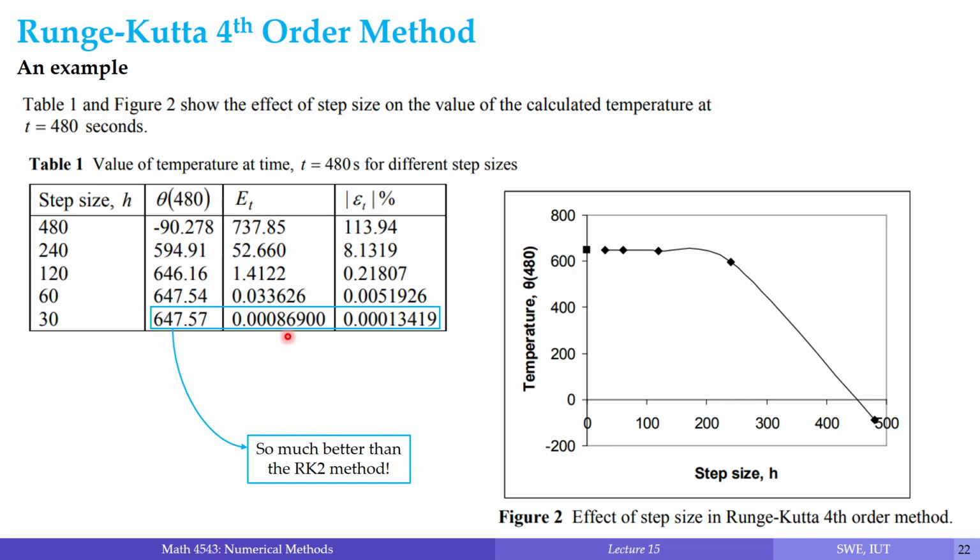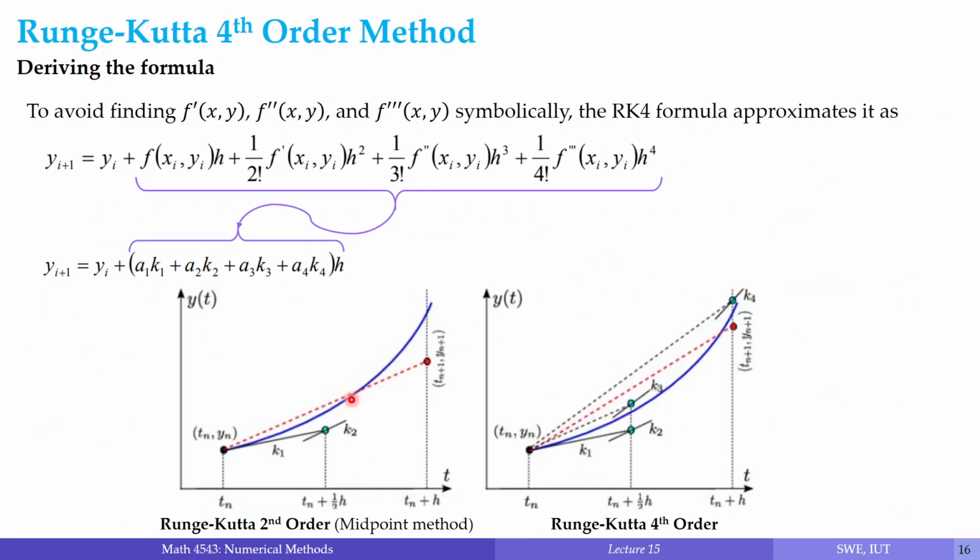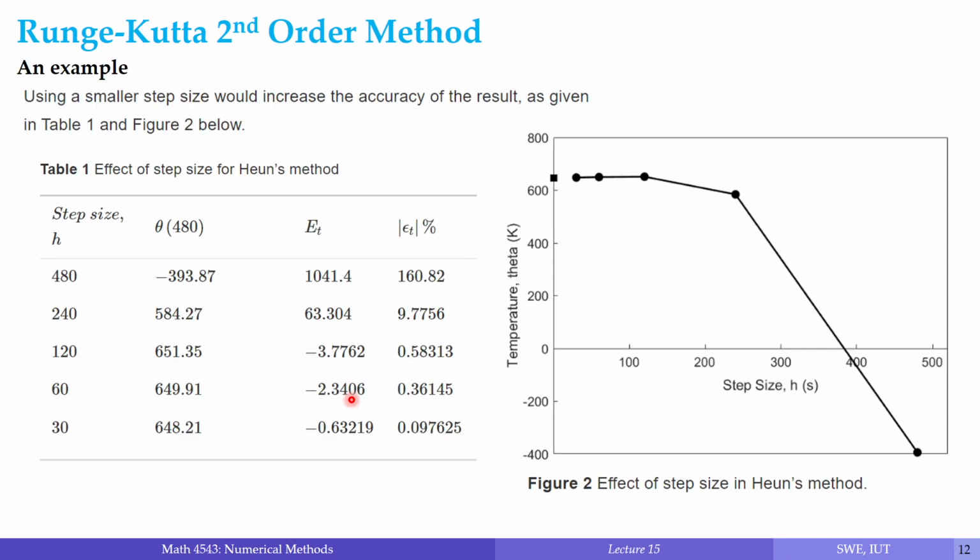Now look at the true error and the absolute relative true error: it's 0.00086 for the true error and 0.000134 for the absolute relative true error. If you compare it to the truncation error values that we got in the case of the RK2 method, it was what?